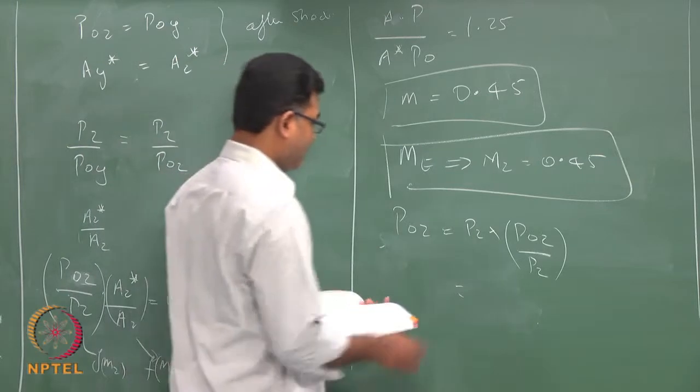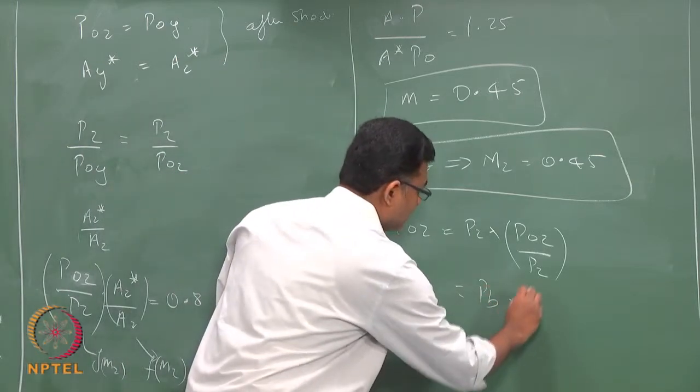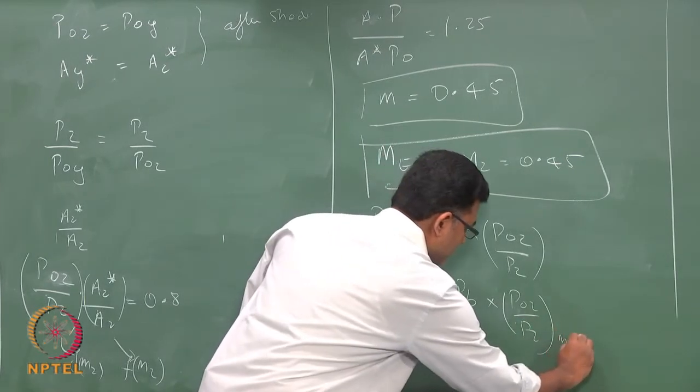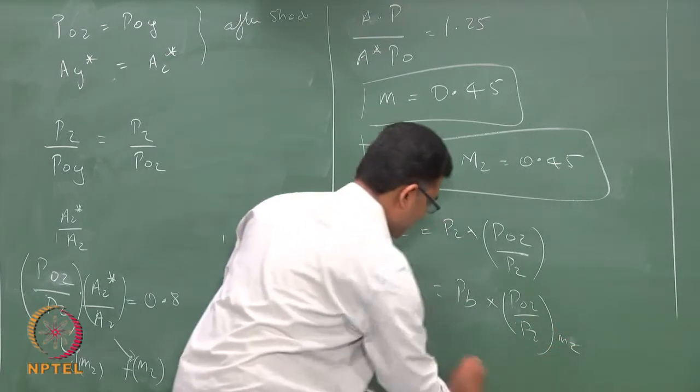So your P02 is now PB into P02 by P2 at M equals M2.